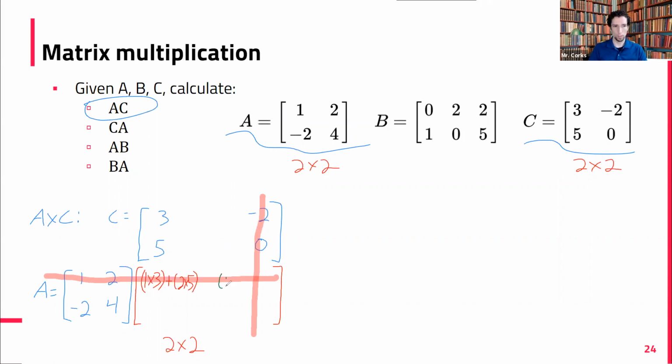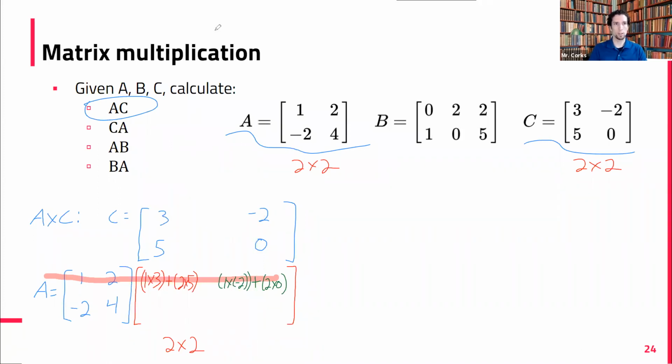Okay, so 1 times -2 plus 2 times 0. Okay, and then we'll do the adding step a bit later, but I just want to show very clearly what operations are happening here. All right, so that's the first row times each column of the second matrix.